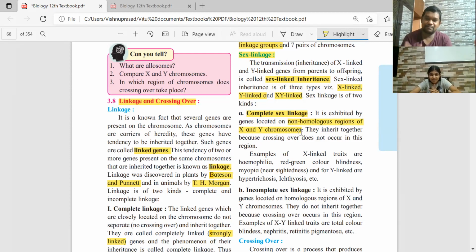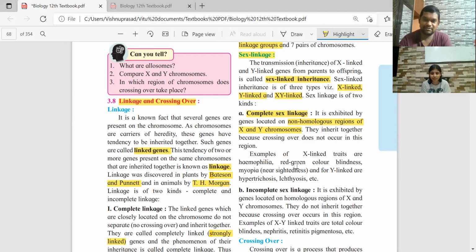The gene responsible for that is on the non-homologous region of the Y chromosome. You can understand complete sex linkage because in the non-homologous region between X and Y, there cannot be any crossing over. They are unique genes, because of maleness and femaleness. So such genes show complete sex linkage.